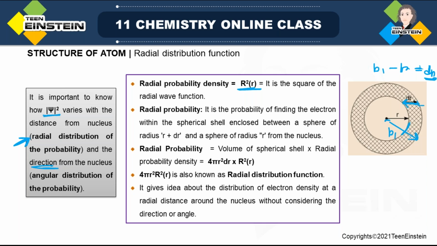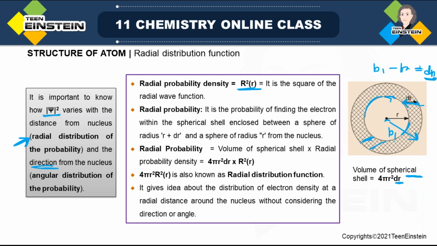Now if you apply the formula of the surface area, which is 4 pi r square, and multiply this 4 pi r square with dr, you will get the volume of the spherical shell. What it means, the volume of the spherical shell, is the volume of this crisscrossed region. Don't think it is the volume of the whole sphere.